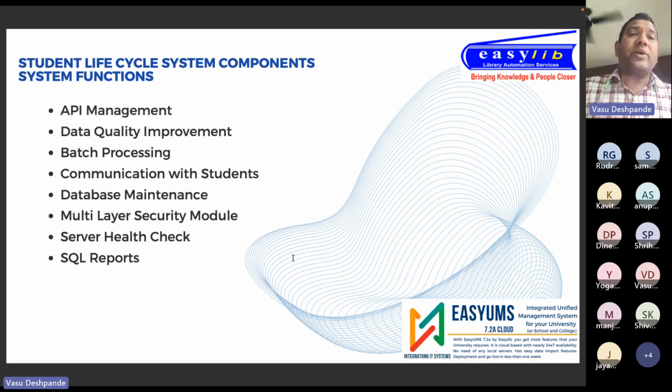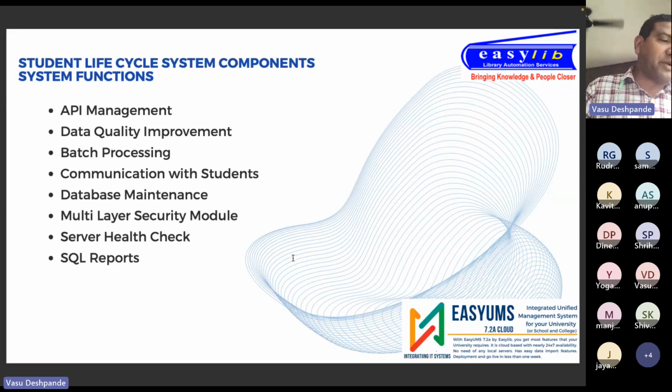Once you identify the correct one, Sri Harsha Patil, you need to make sure that when you import data and in other places, he is always referred to as Sri Harsha Patil. This is one example of data quality improvement. Your student lifecycle system must have a data quality improvement module. Otherwise, it expects you to do the right thing 100%, but does not help you fix the errors if there are any.